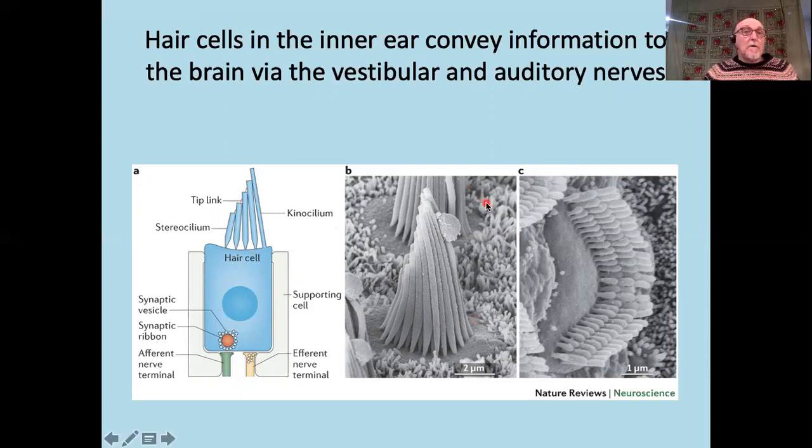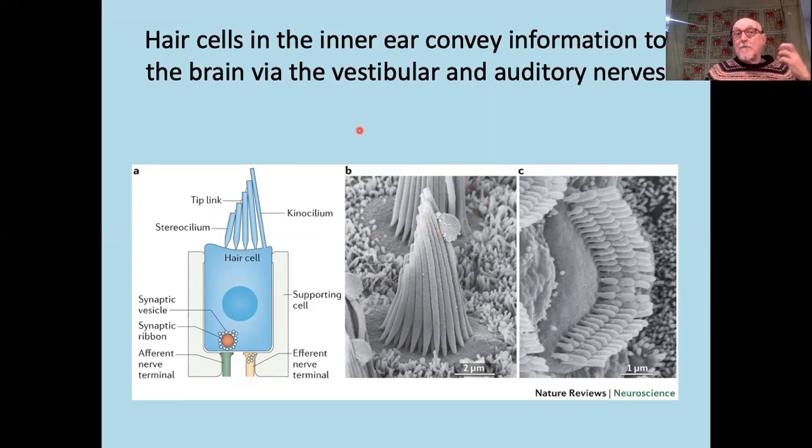Hair cells, all of the functioning of the ear, both hearing and balance, are due to hair cells. They have much the same structure in the semicircular canals. They just have an entirely different purpose in the semicircular canals.